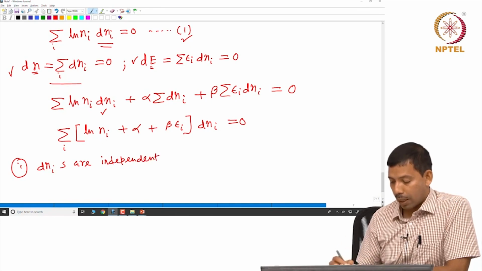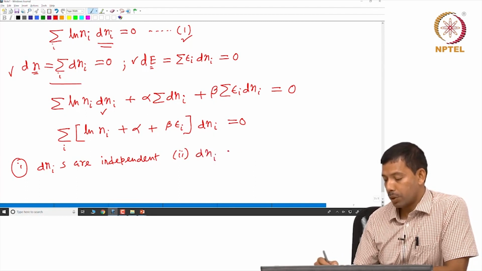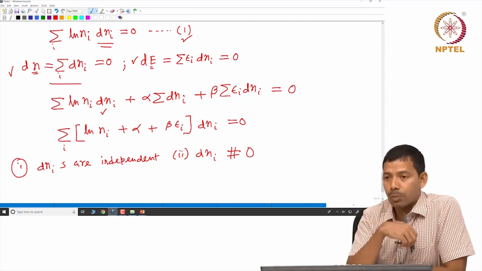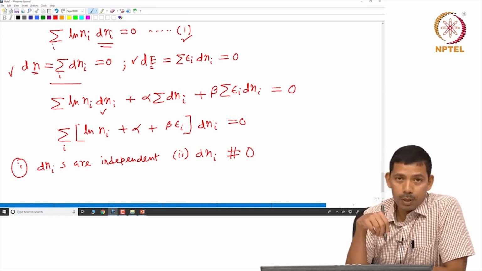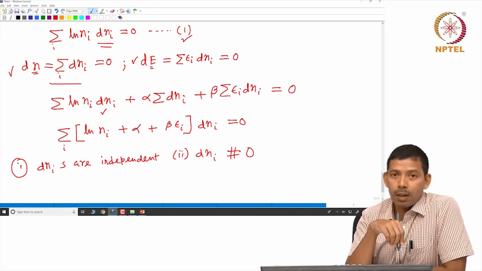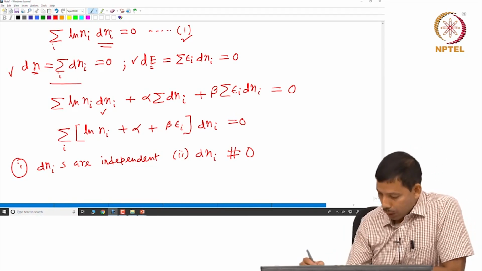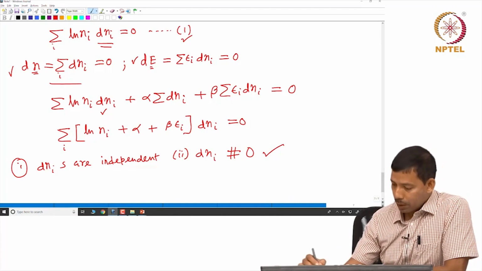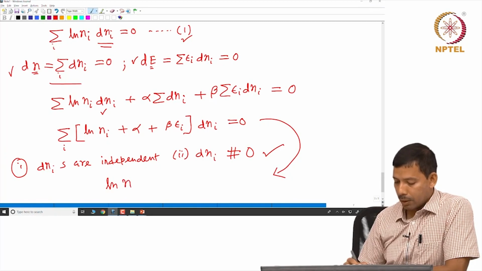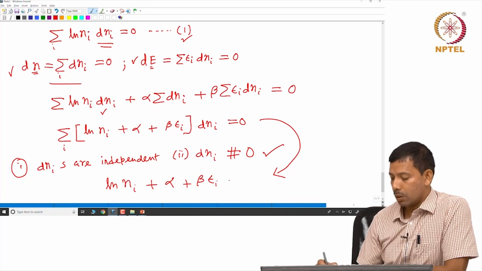Number two, this dni cannot be 0, because particles are always moving up and down, and therefore dni, which basically talks about change in the number of particles across the states, is non-zero. So applying these two conditions, what we get from this expression is ln ni plus alpha plus beta epsilon i is 0.